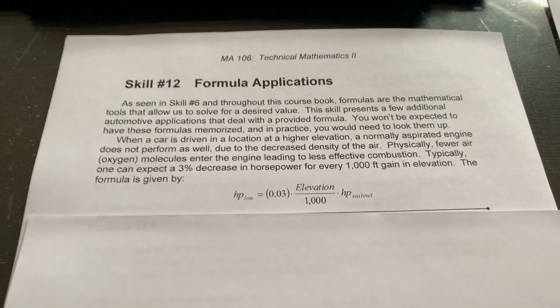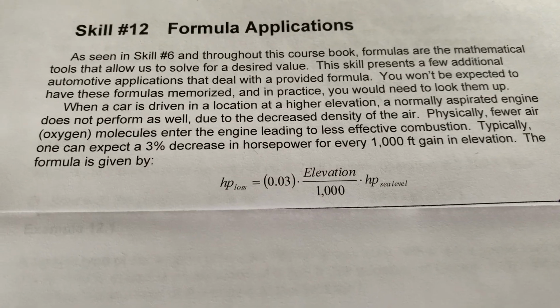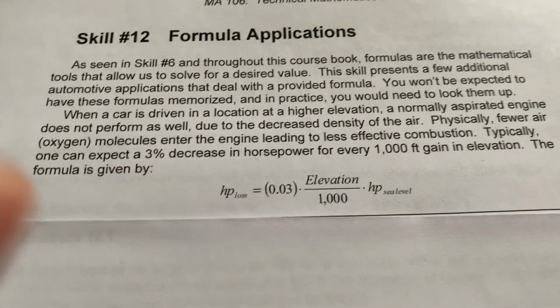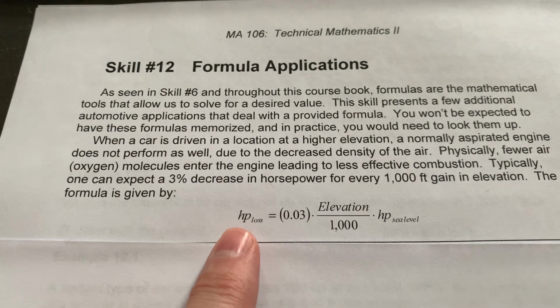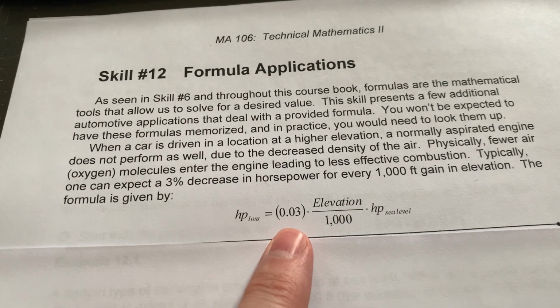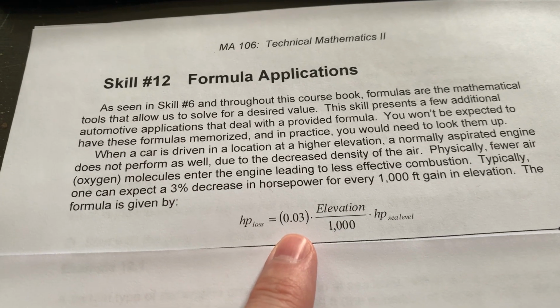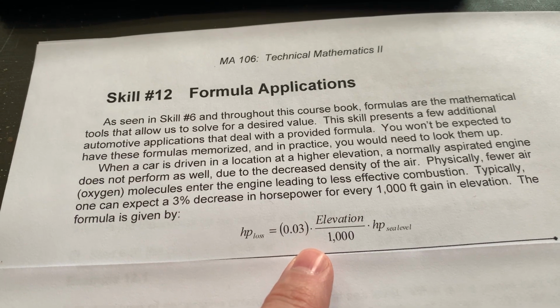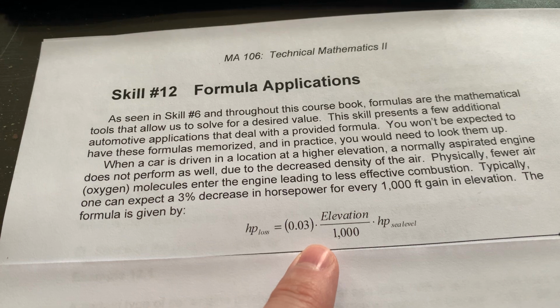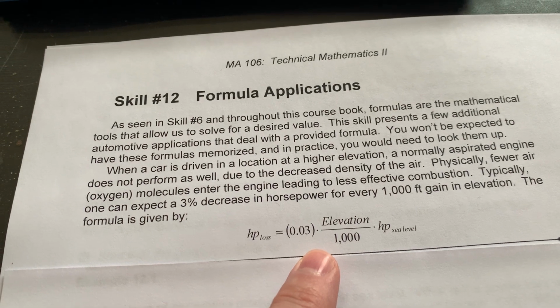Put into a formula, what we end up with is your horsepower loss, the HP loss. So that's how much your horsepower is going to drop by. It would be 0.03, that's our 3%, times whatever the elevation is divided by 1,000. So for every 1,000 feet you go up, you're going to lose 3%.